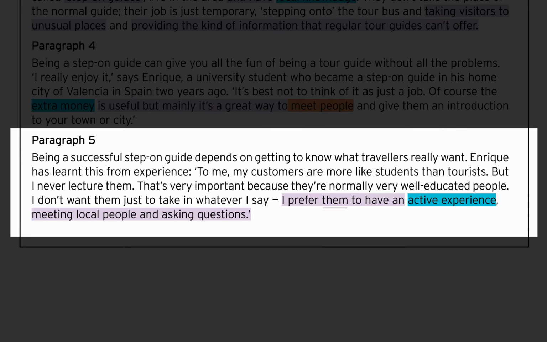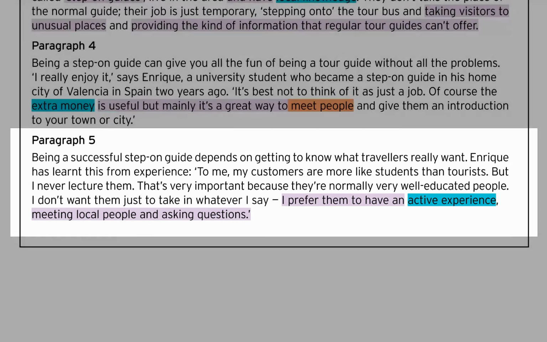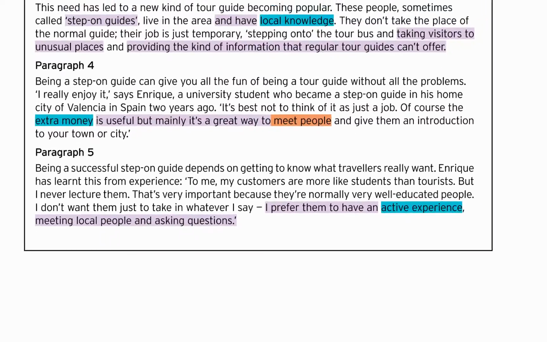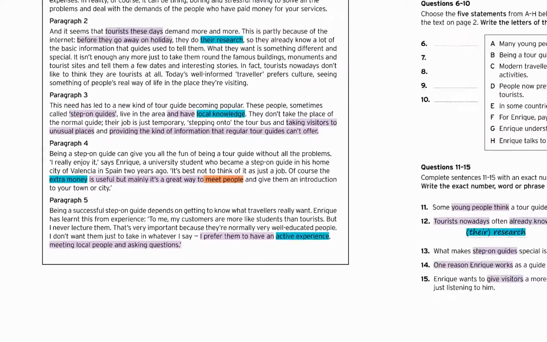So them can be a key word. Let's go back to them in the text. I prefer them to have something, the active experience, meeting local people and asking questions. So that is questions 11 to 15.